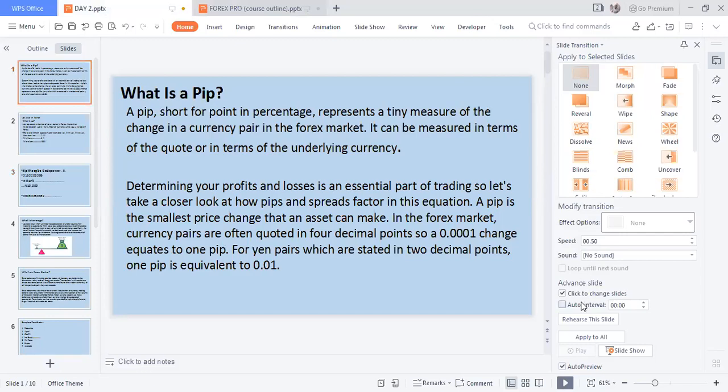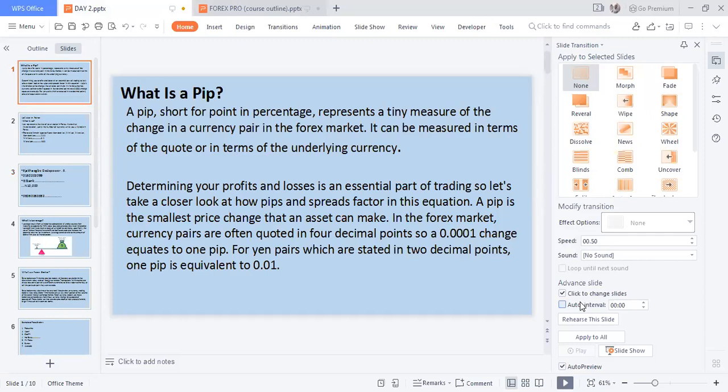What's a pip? A pip represents a tiny measure of the change in a currency pair in the forex market. It can be measured in terms of a quote or in terms of the underlying currencies. Determining your profit and losses is an essential part of trading. So let's take a closer look at how pips and spread factor into this equation.